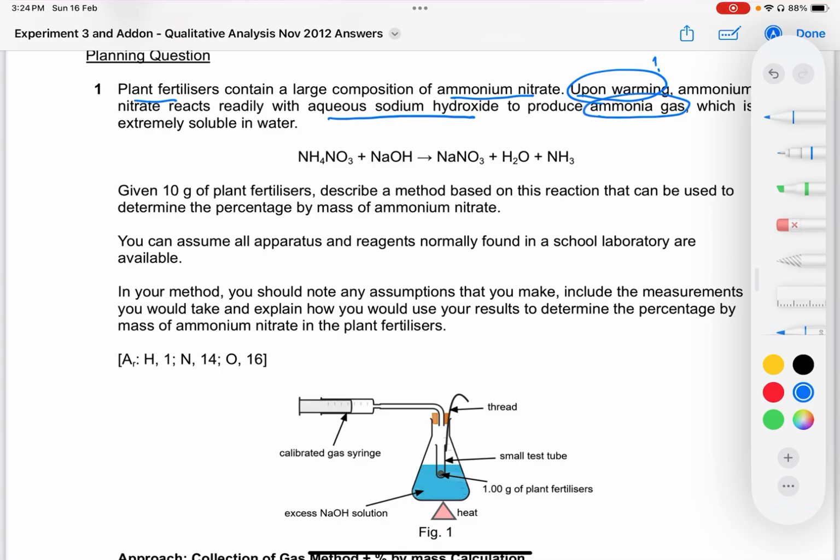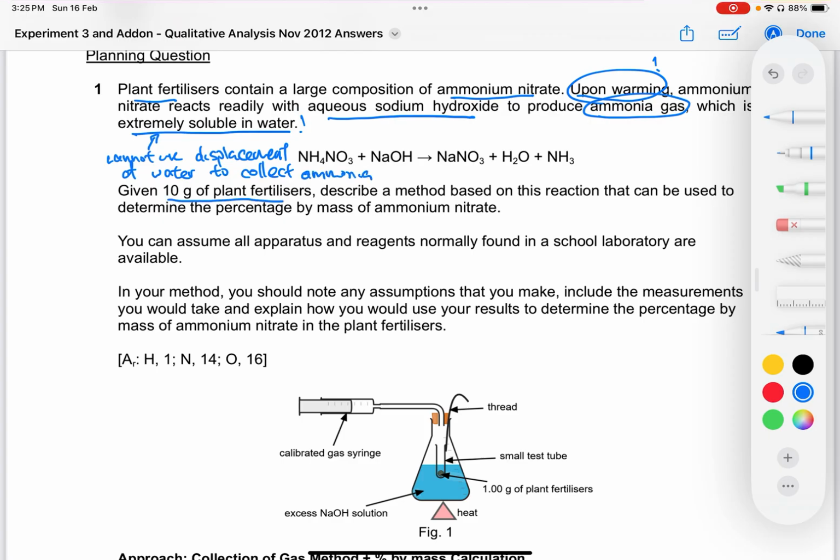So take note, you need to warm it in order for the ammonia gas to form. And they say that the ammonia gas is extremely soluble in water. This clue tells you that you cannot use displacement of water to collect ammonia.